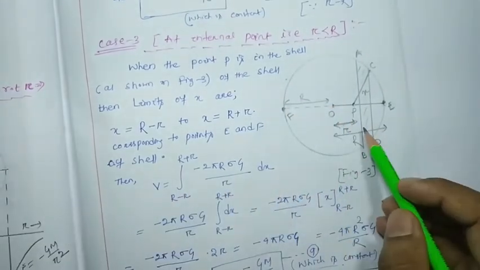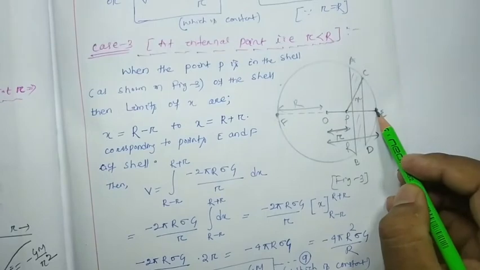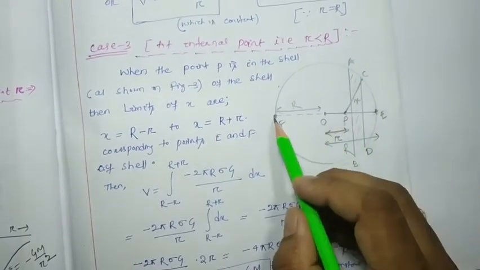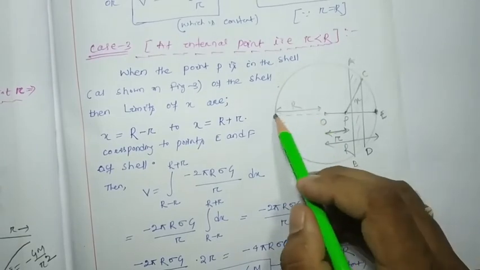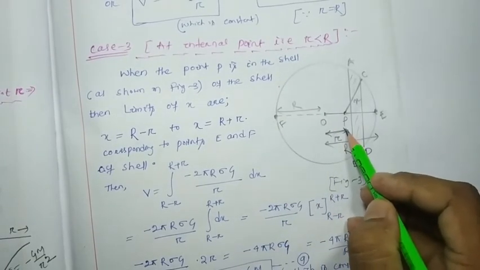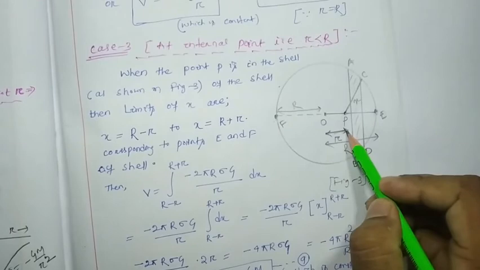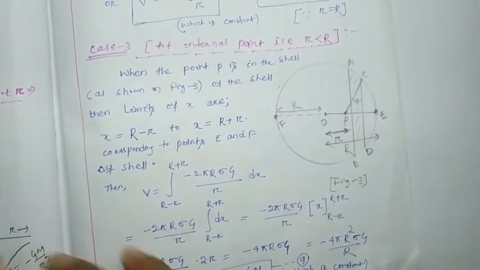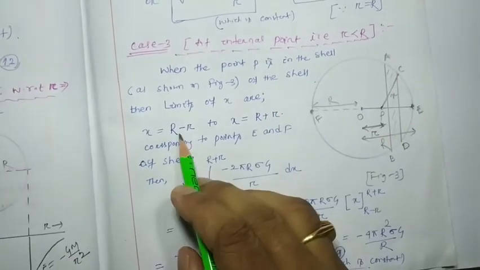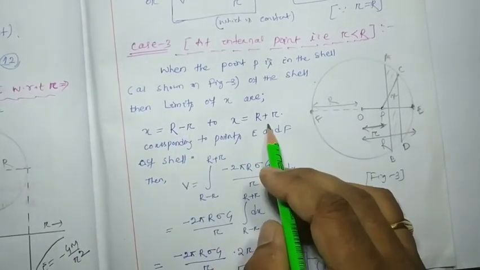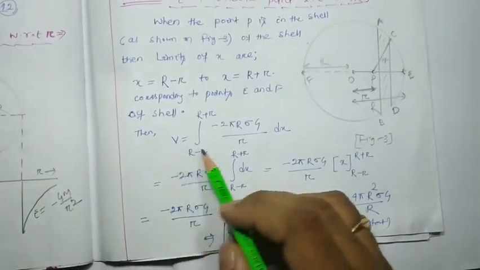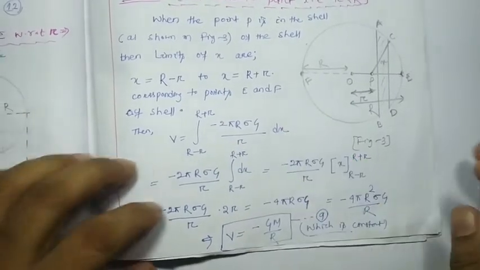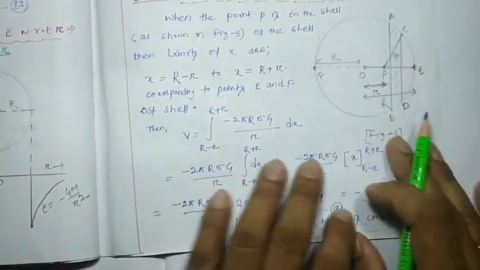So the limit at point E will be R minus r, and at point F it will be R plus r. So the limit will be R minus r to R plus r. You just put the limit, pause the video and write down the note.